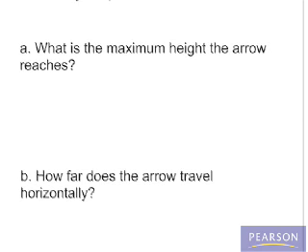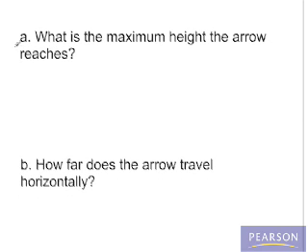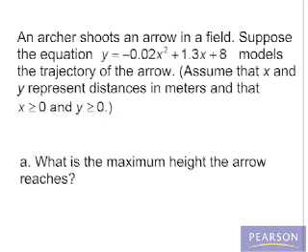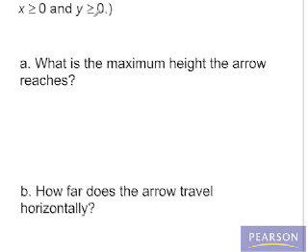A. Let's find the maximum height the arrow reaches, and this will happen at the vertex of this parabolic path. So we know to find the x-coordinate of the vertex, we use negative b over 2a.